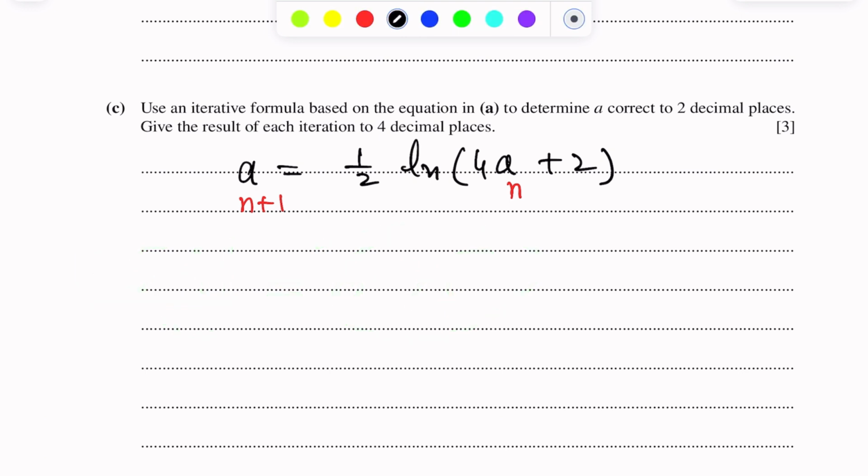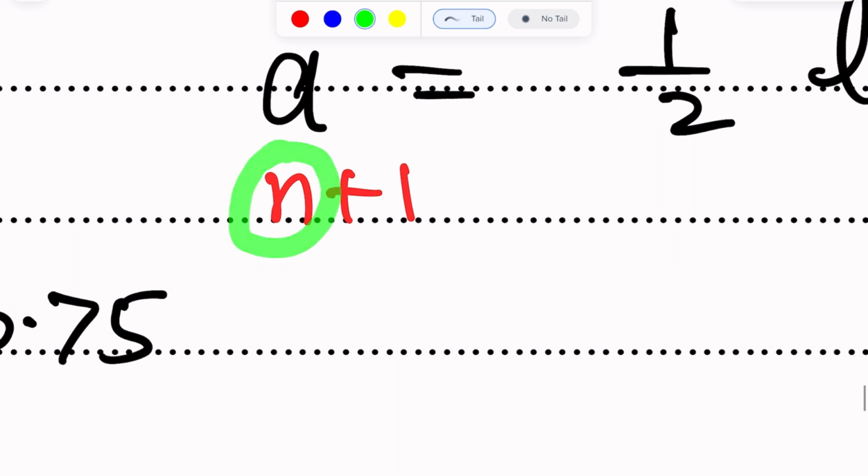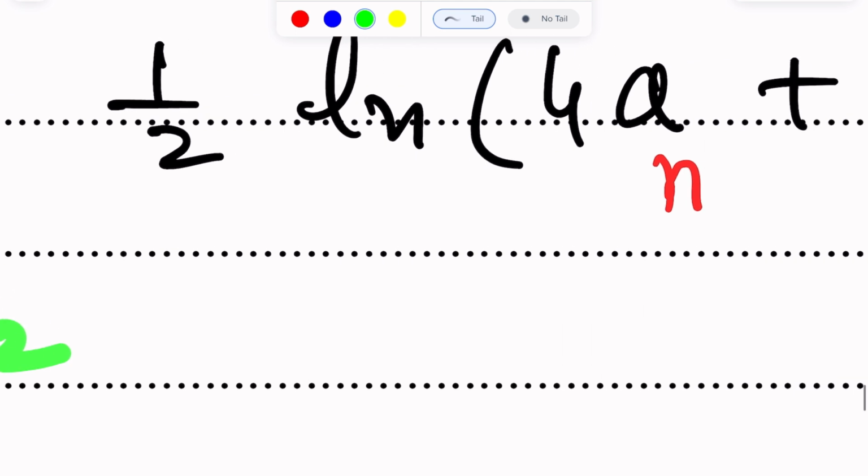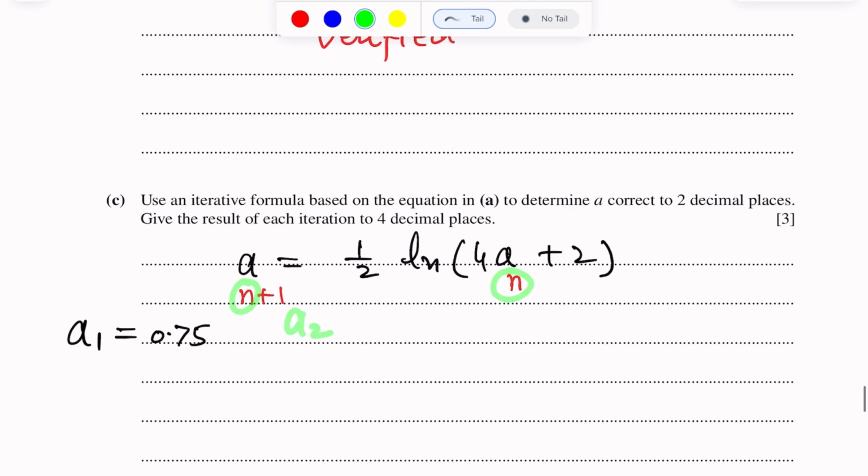So A1, the first iteration, is 0.75. Now we have to find the next iteration, A2. To find A2, we put n is equal to 1. In place of n, on both sides, we put 1.